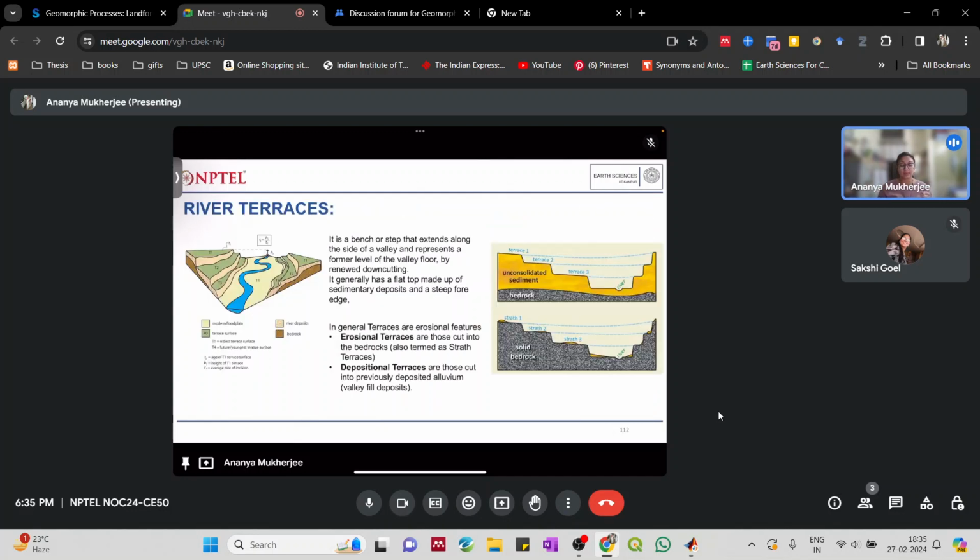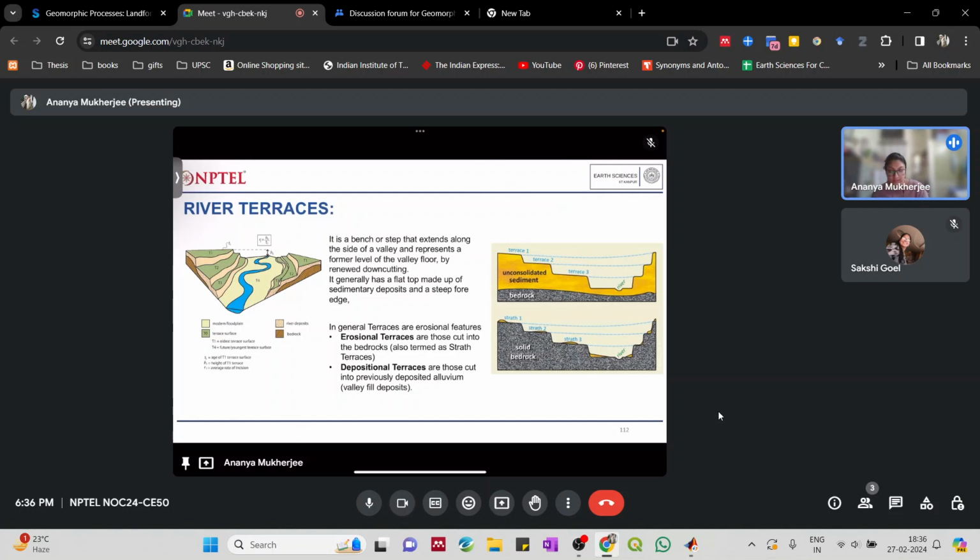So one example where we can see the understanding of how uplift can change the way the river is flowing, and also the kind of landforms that can be formed, is the formation of river terraces.